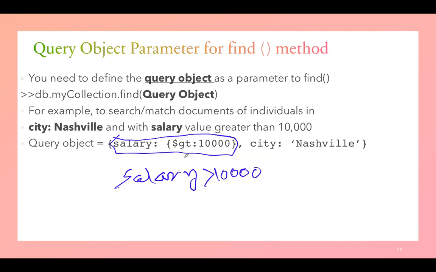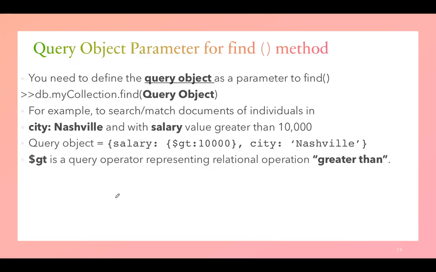This is how you write this thing. And comma, you also specify the city. So I'm interested in only those documents that satisfy this criterion. Then $GT is a query operator representing a relational operation greater than, and this is a list of query operators.